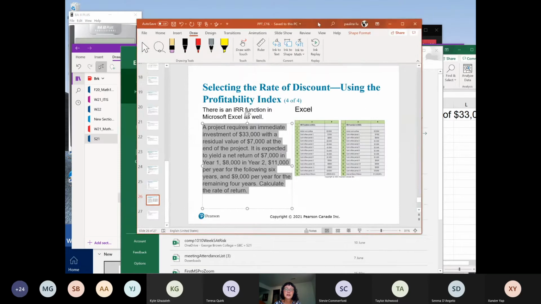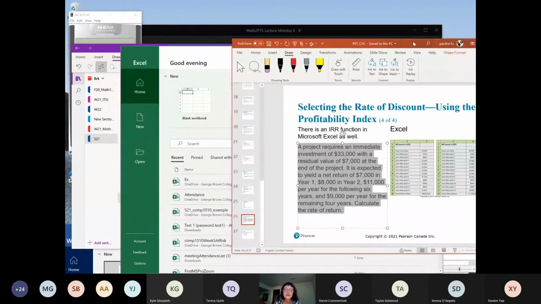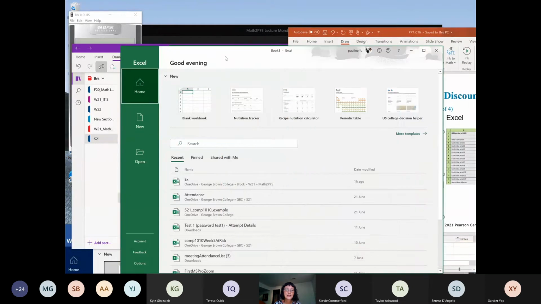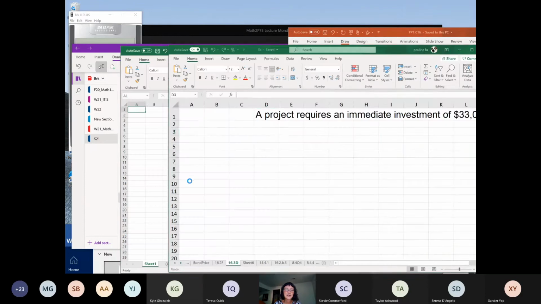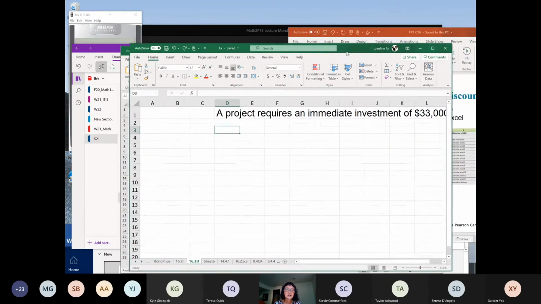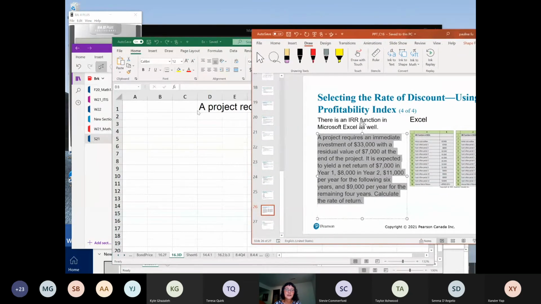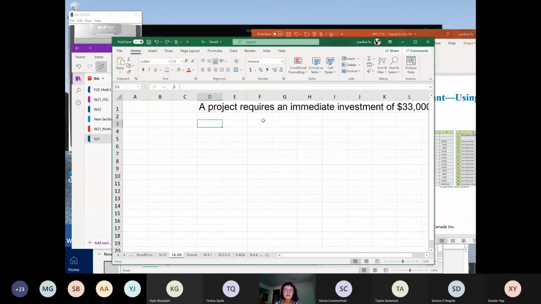Okay, try to manage multiple windows. So this is the question, and then I want Excel. This is my Excel. Okay, so this way you can see both the question and my Excel worksheet.